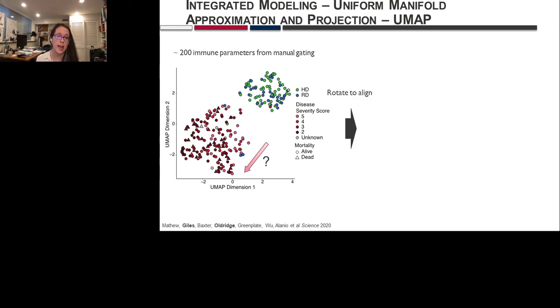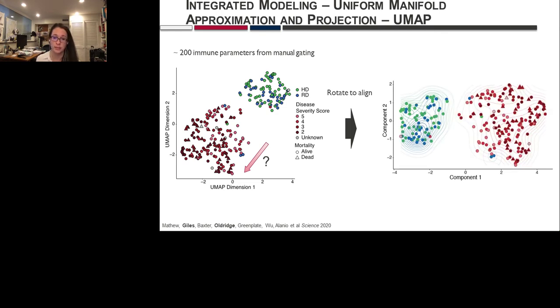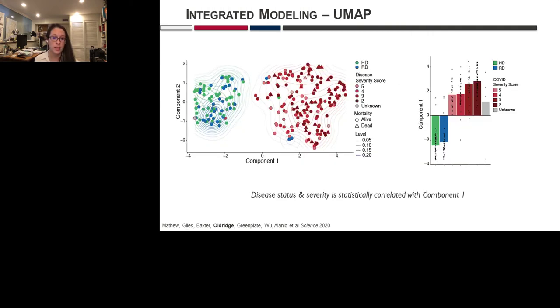So we took that diagonal data and we rotated it and centered it to these two axes, component 1 and component 2. So now we can directly ask the question, does disease severity relate to component 1? And that's what's shown here. So we can now take each individual patient's component 1 score and plot it all together in this bar plot.